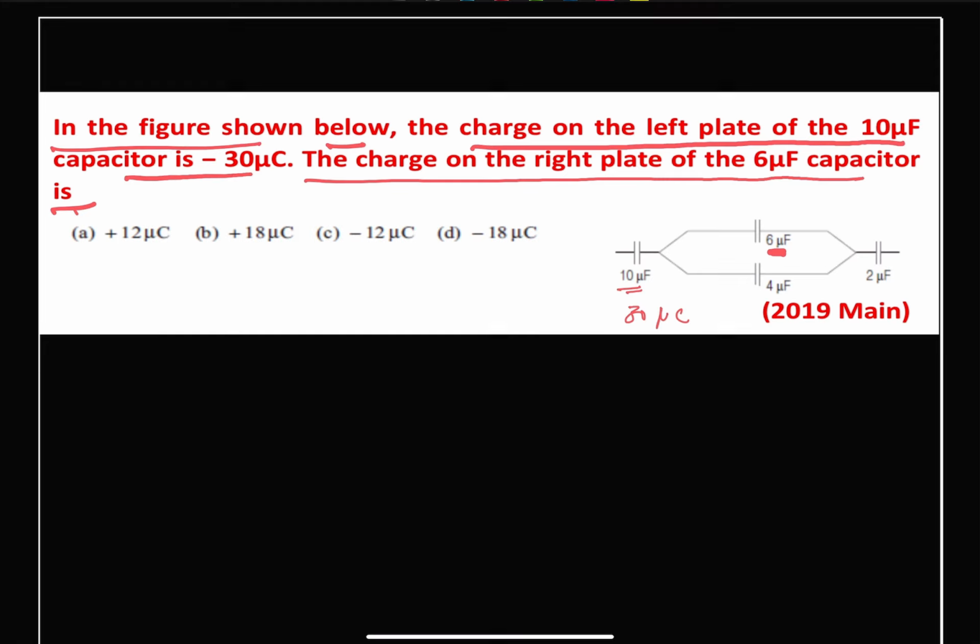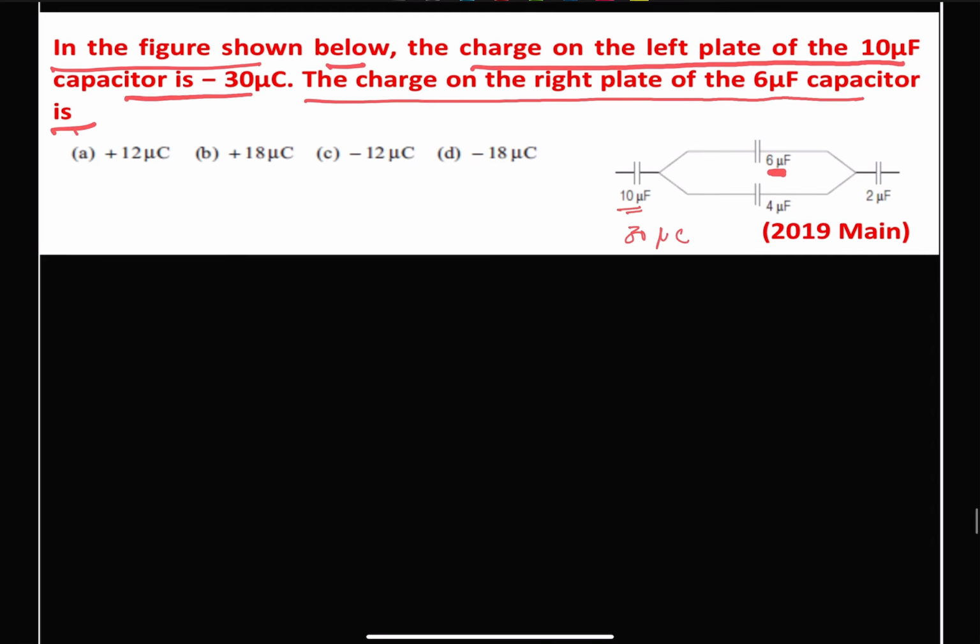So we can just draw the circuit a little bit differently, because the charge is given on the left plate, and the left plate is minus 30 microcoulomb.